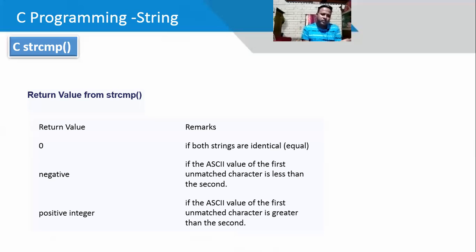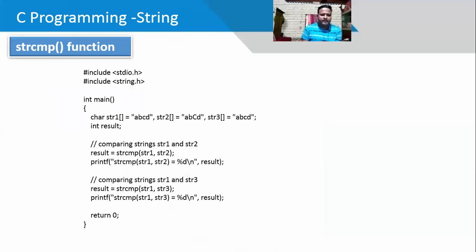If you compare two strings and the second value is greater than the first, then it is negative. Zero means both strings are identical. Now here we're passing the strcmp function.